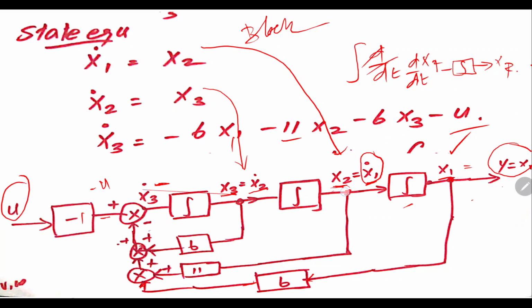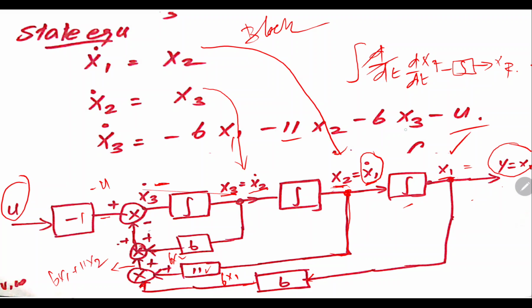So I am taking a lead from x2, multiplying with 11, and I am going to sum these two things. Here I'll get 6x1 plus 11x2.